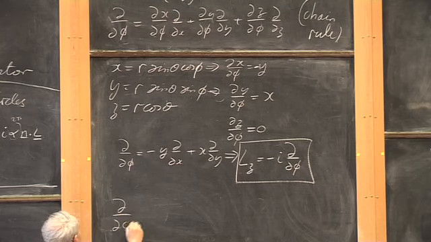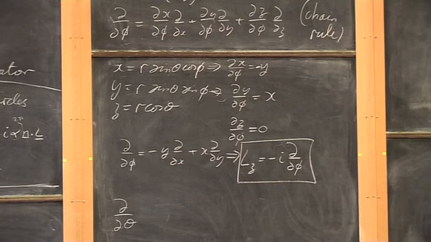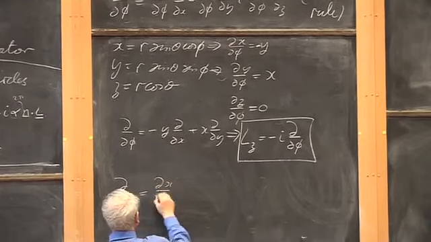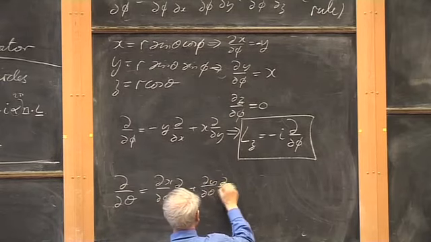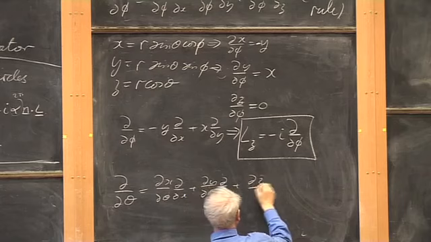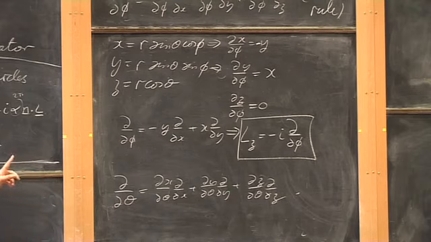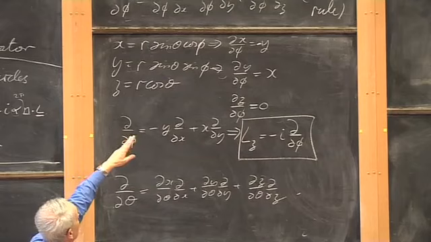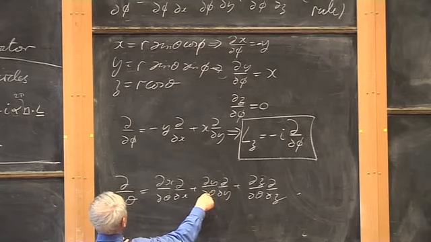Right, so let's just calculate what d by d theta is using the chain rule. It's obviously dx by d theta d by dx plus dy by d theta d by dy plus dz by d theta d by dz. Okay, we have expressions up there. So dx by d theta is going to produce an r cos theta cos phi, and dy by d theta an r cos theta sine phi.